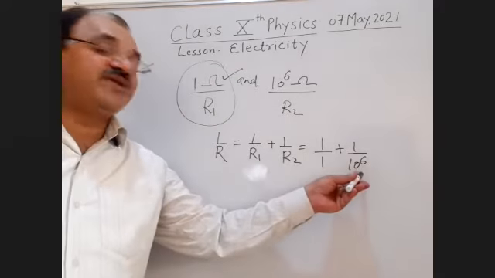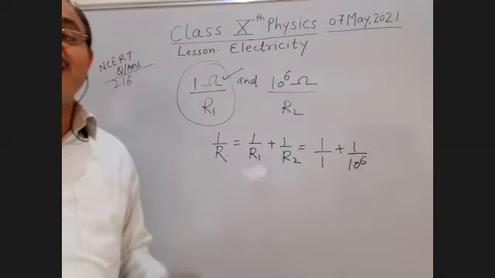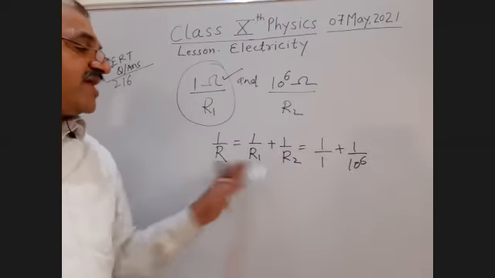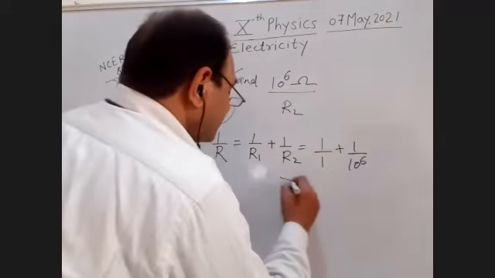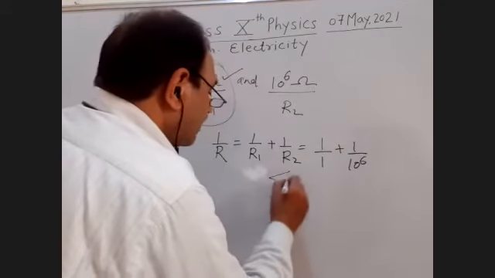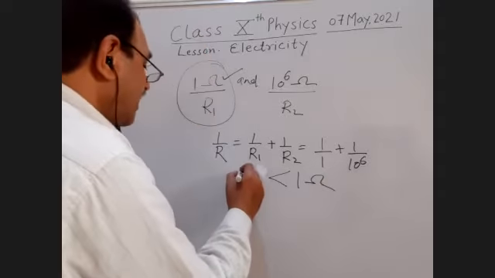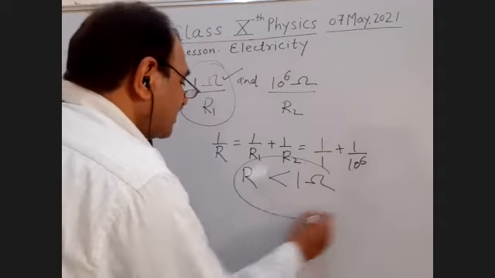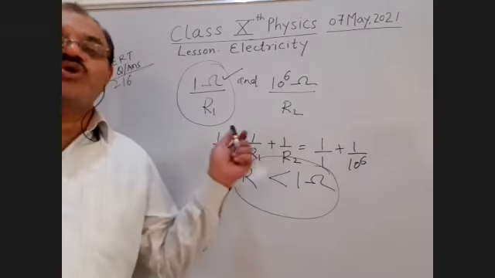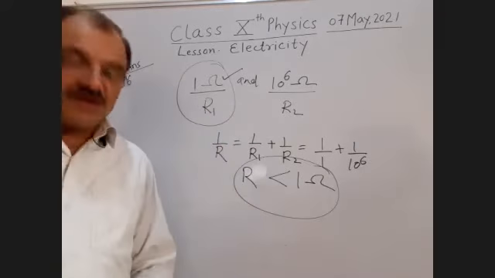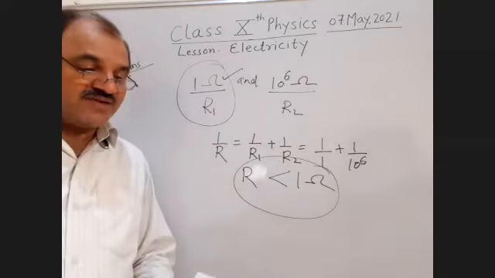The LCM will be 10 raised to power 6, but ultimately when I solve this, my total value will be less than 1 ohm. The net resistance will be less than 1 ohm. This is the judgment for question number 1 on page 216, part A.